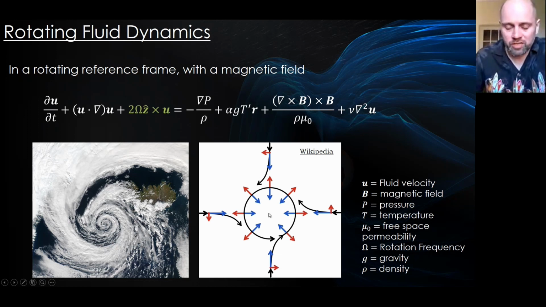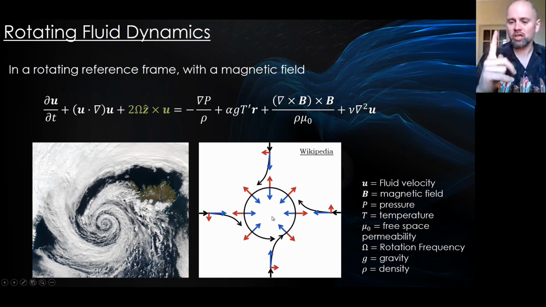The way you do this is you take this picture here, and where my cursor is, you use the right hand rule. You put your thumb so that it's coming out of the page. Your index finger follows the flow in along the black lines, and the resulting force, the Coriolis effect, points in the opposite direction to your middle finger, which means it's pointing along the red.